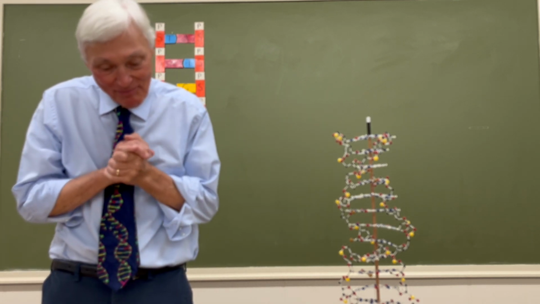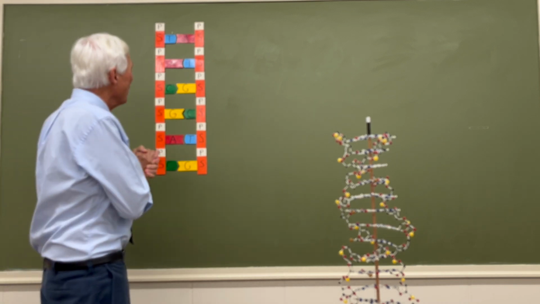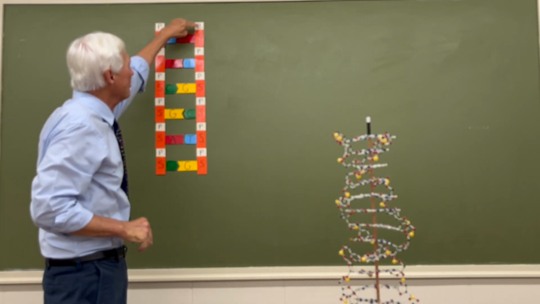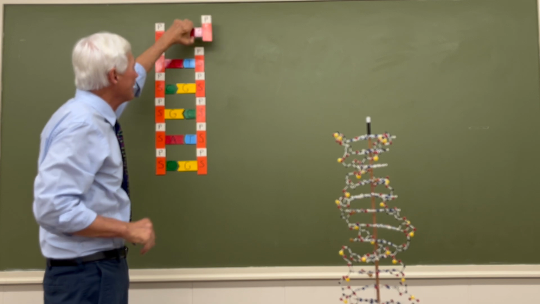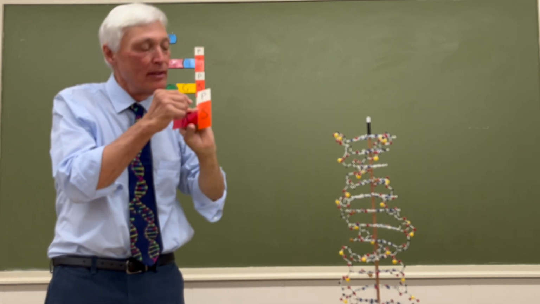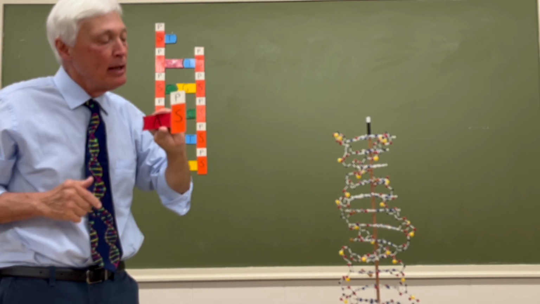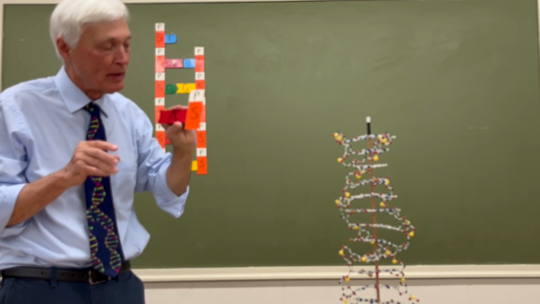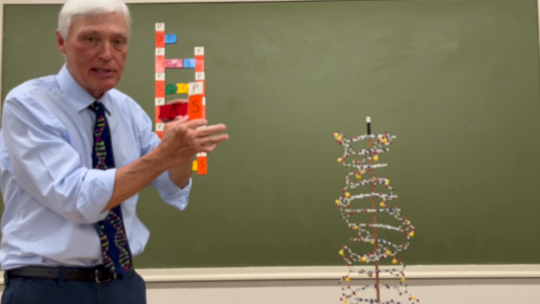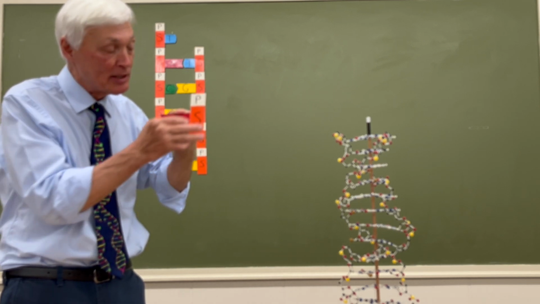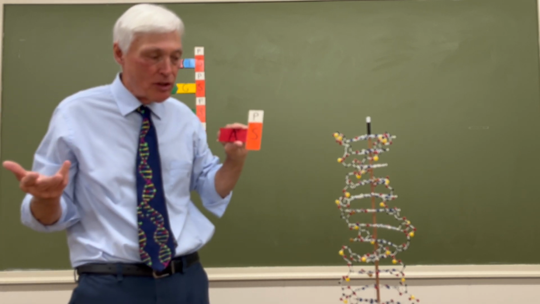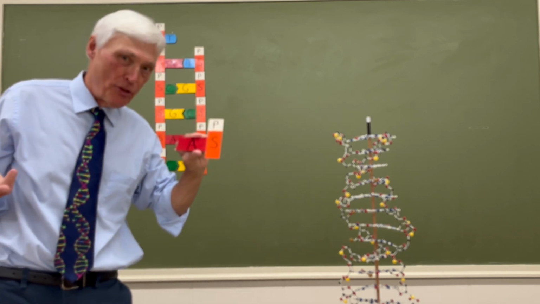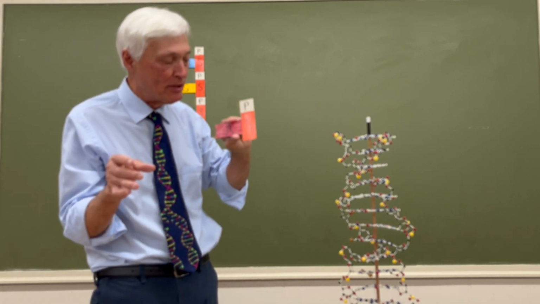We're going to start with this molecule up here. This block labeled P, that's actually a phosphate molecule. The block labeled S, S is for sugar. That's a sugar molecule. Now it's not like the sugar that you might have on your kitchen table in a little container.